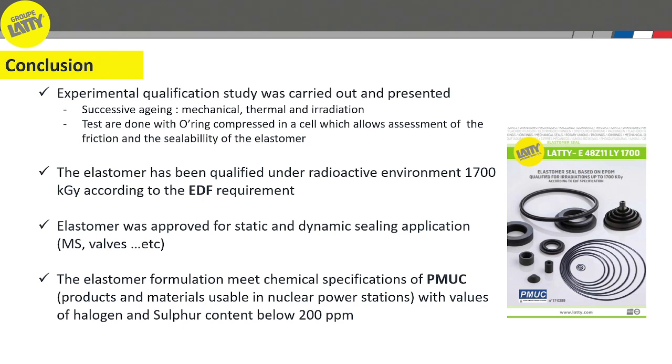Through this qualification, we approved an elastomer for high gamma ray absorbed dose, and the O-ring was qualified for static and dynamic configuration or application. Another important thing to point out is that the elastomer formulation meets the chemical specification of the PMUC regulation, which limits the maximum content of sulfur and halogen in the product. So the O-ring has been homologated as a PMUC product.